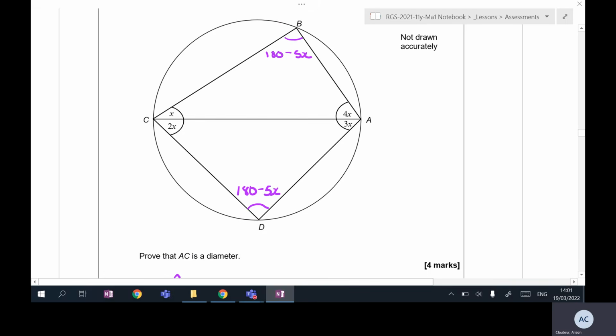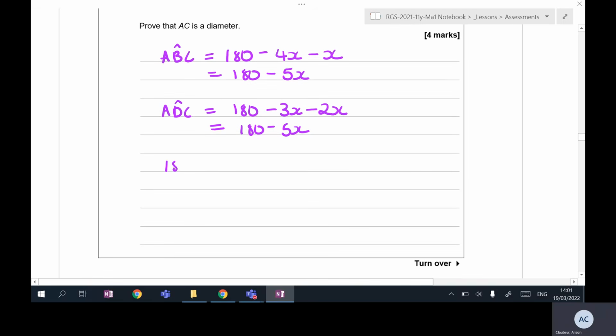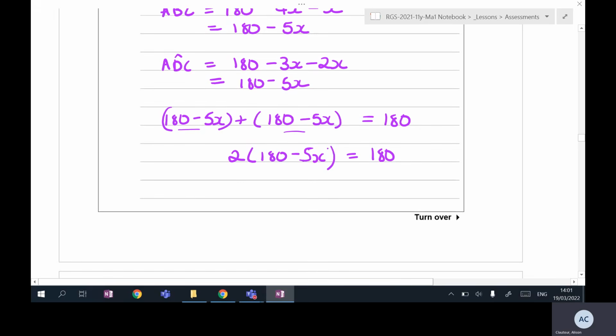So therefore, they're going to have to add up to 180 degrees. So I know that my 180 minus 5x and my 180 minus 5x has got to add up to 180. So I'm adding two things together that are 180. So I'm just going to write that as two lots of 180 minus 5x. Okay, so therefore each one of them has got to be 90.